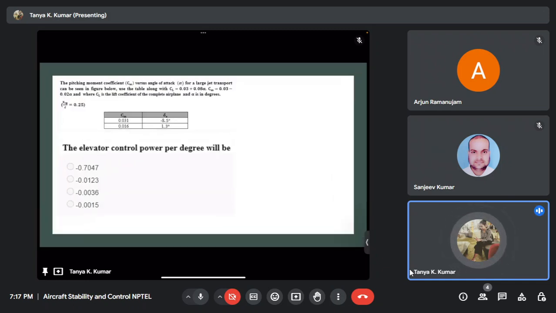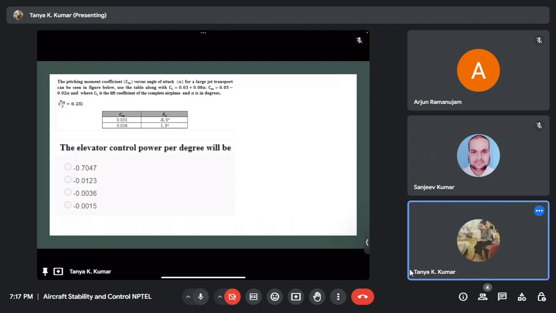The elevator control power per degree will be. Just try doing this. Elevator control power is Cm delta E, okay?